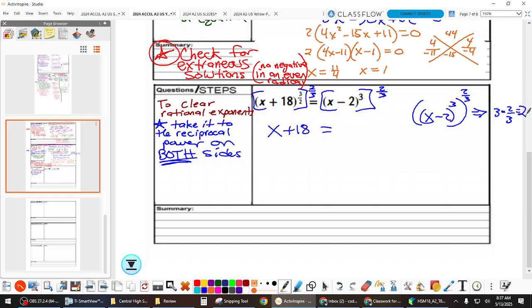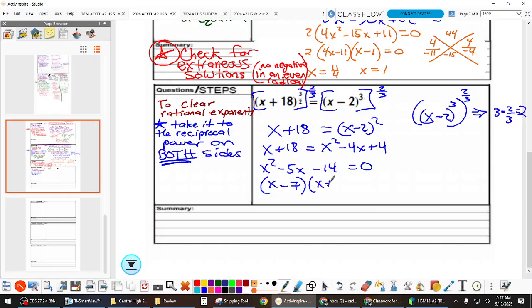The 3's cancel. So this becomes x minus 2 squared. And that becomes x squared minus 4x plus 4. And then that's x squared minus 5x minus 14, which factors to x minus 7 times x plus 2, which gives x equals 7 and x equals negative 2. Do either of those have an issue? No.